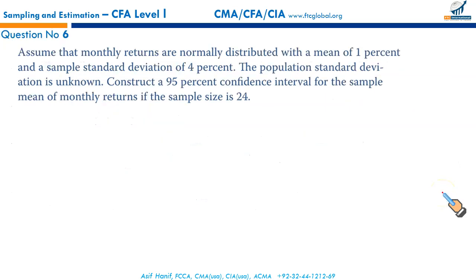Next, assume that monthly returns are normally distributed with a mean of 1% and a sample standard deviation of 4%. The population standard deviation is unknown. We have to construct a 95% confidence interval for the sample mean of monthly returns with a sample size of 24 only.